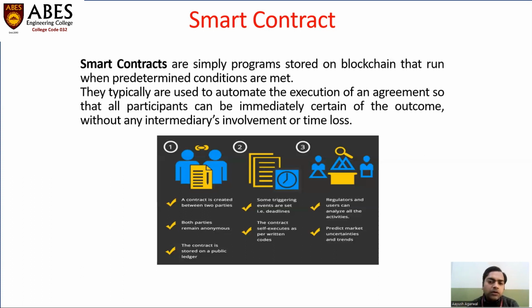There will be some trust issues, and some limitations we have discussed in blockchain. For that reason we are going to create a smart contract between the parties, and when triggering events are met, then only these smart contracts are automatically executed. So these are the smart contracts.